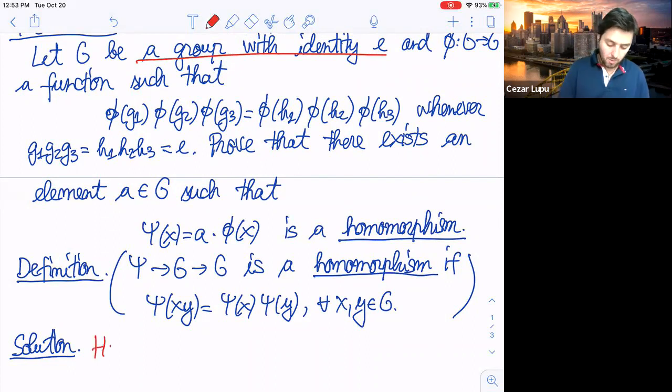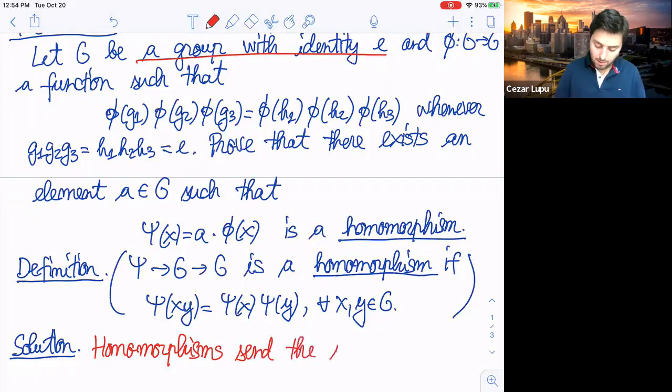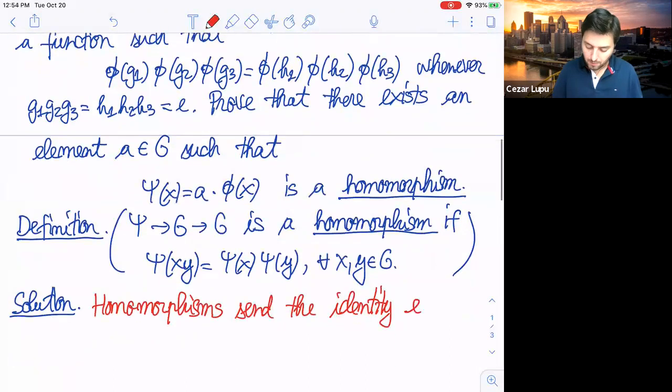So homomorphisms send the identity E to E, to the identity. That's what they do, right? It's quite clear to see this, right?